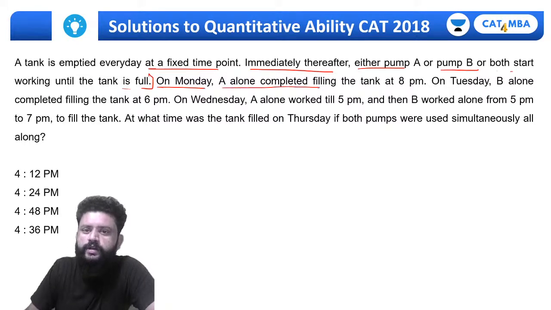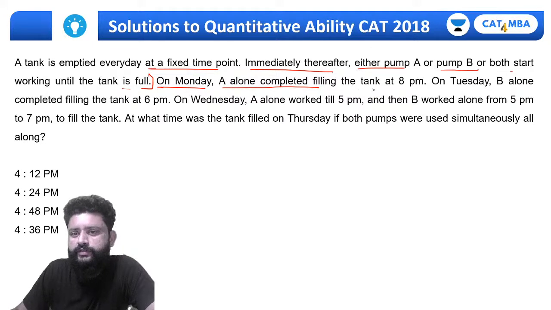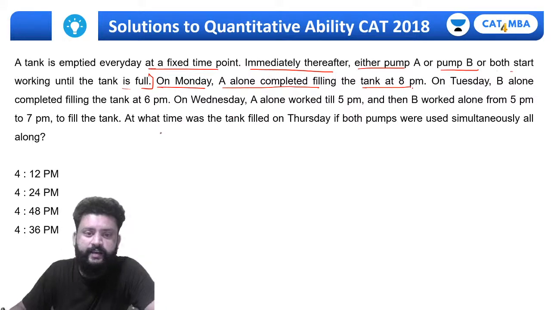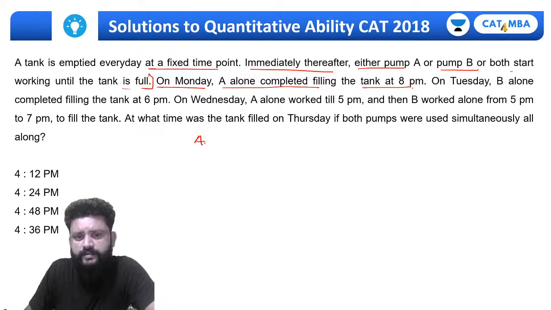So on Monday, A alone completed filling the tank at 8 p.m. So when tank is empty, 8 p.m. बोला है. So 8 hours नहीं लगेंगे. Let's say A takes X hours to fill the tank, then definitely B will take, yeah, fill.